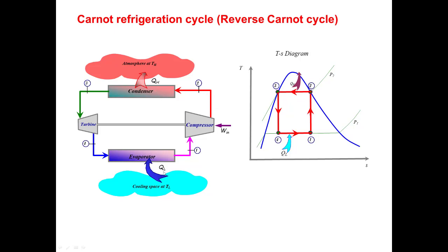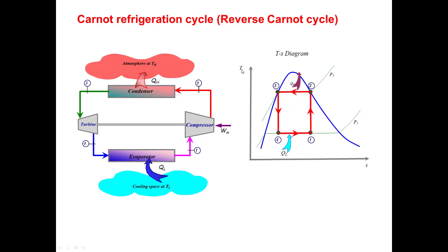So the heat absorbed from the evaporator and as a result of the compression is rejected to the ambient air. And then we have the high pressure liquid here. So high pressure liquid is further expanded, and then we get the low pressure and low temperature vapor. So this process keeps on continuing.